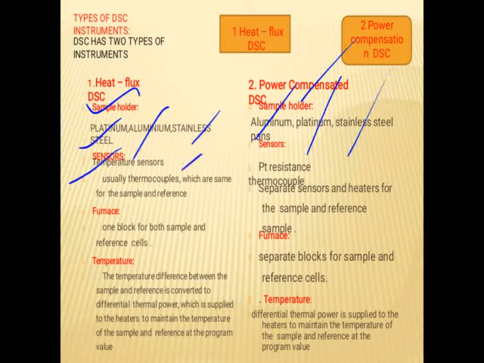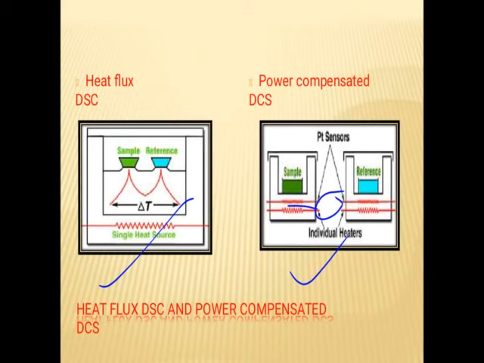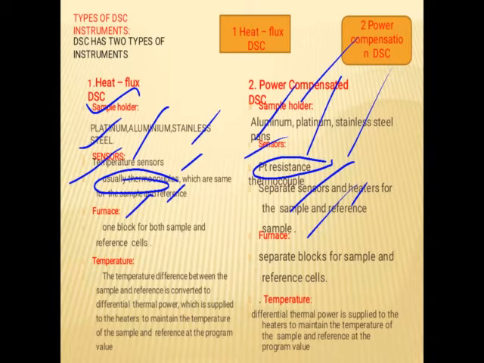It consists of temperature sensors, generally thermocouples, which are the same for the sample and reference. In the power compensated case, they provide platinum resistance thermometers, and there are separate heaters for the sample and reference. If separate heaters are there, they should have separate thermocouples to measure the temperature difference.